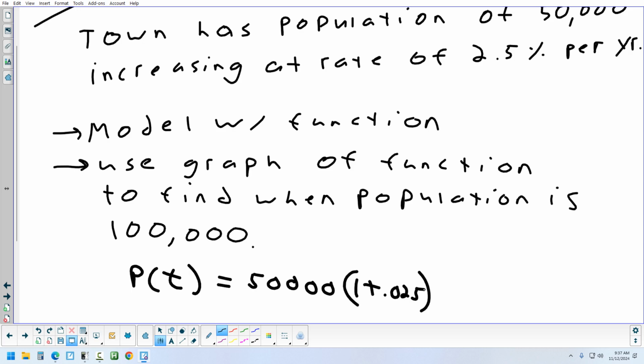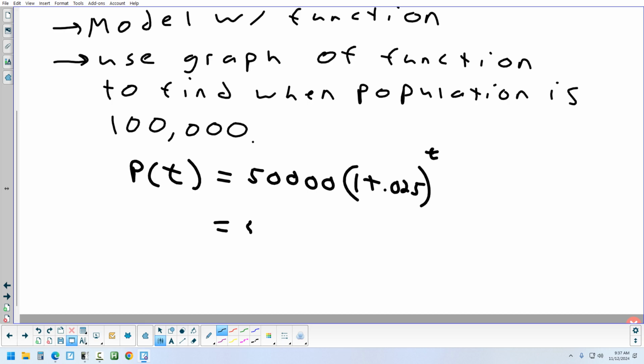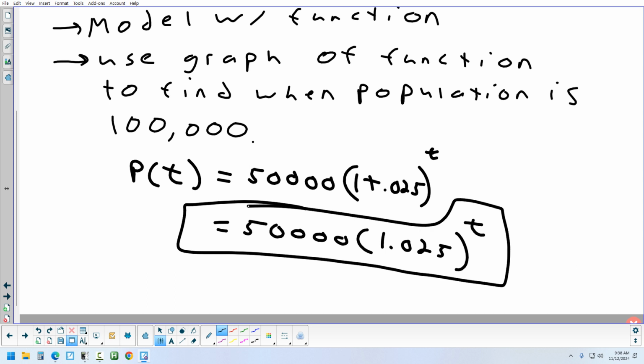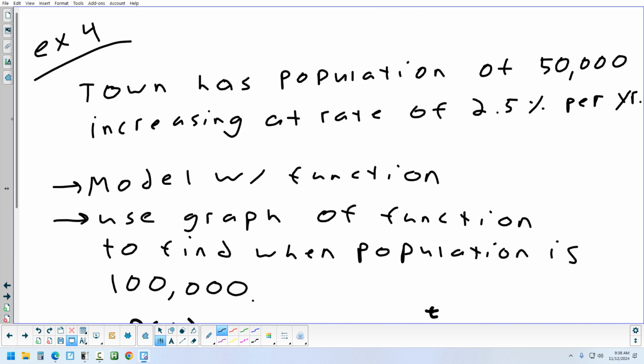T. They didn't give me an amount of time. This question isn't asking after 20 years how many people are in the town. It's a little different. So let's simplify that. 50,000 times 1.025 to the T. Okay, so there's your model.